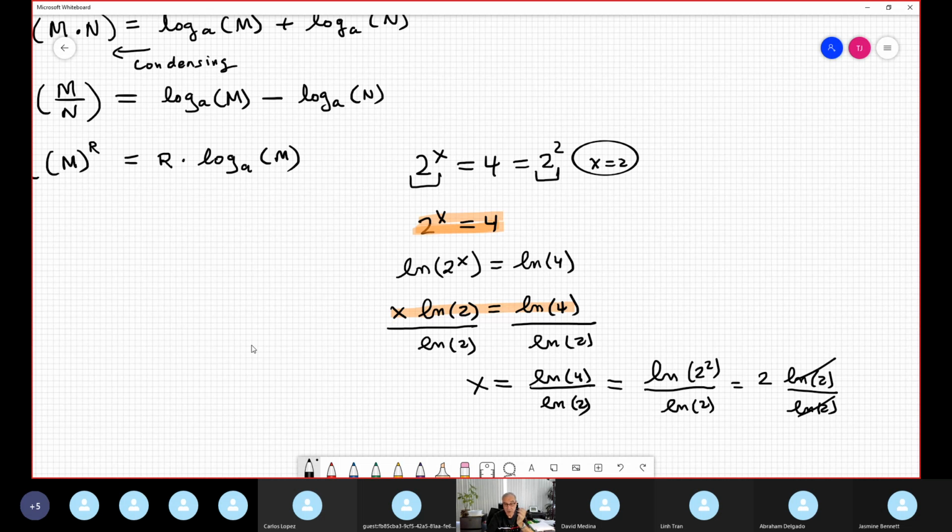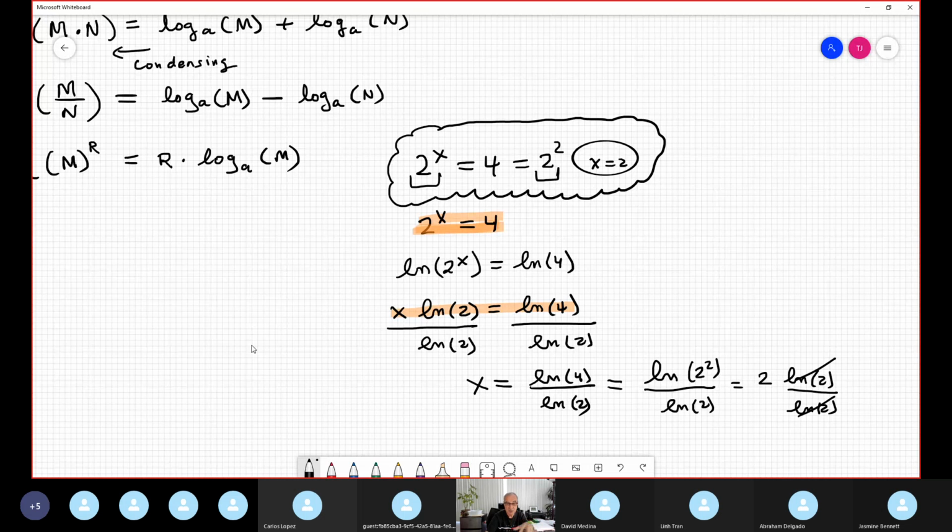So, my recommendation is, if we can solve the exponential equation by manipulating both sides and expressing the common base, that is better. However, there are other cases where that is impossible.